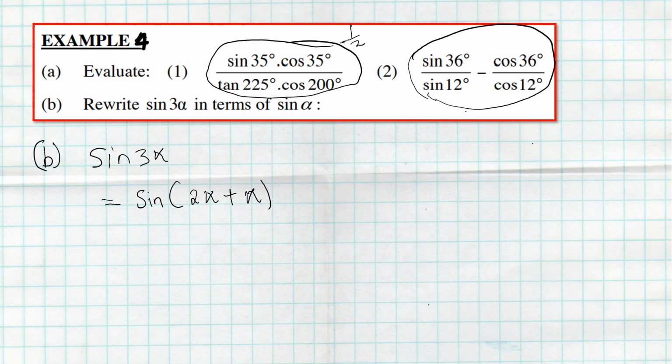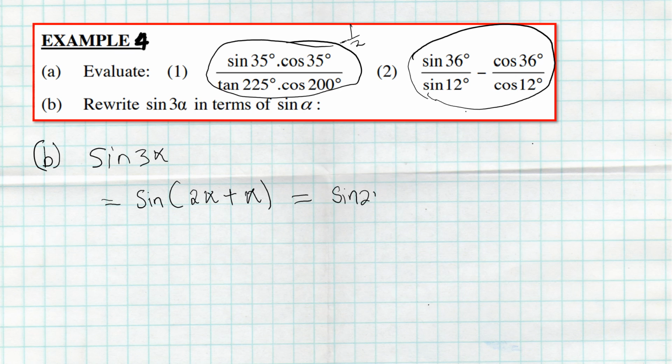We can't write 3 alpha as a double angle, that would be complicated. So we can just rewrite it in compound angle form. We break the angle into 2 alpha plus alpha. So for sine, we know it will be what?